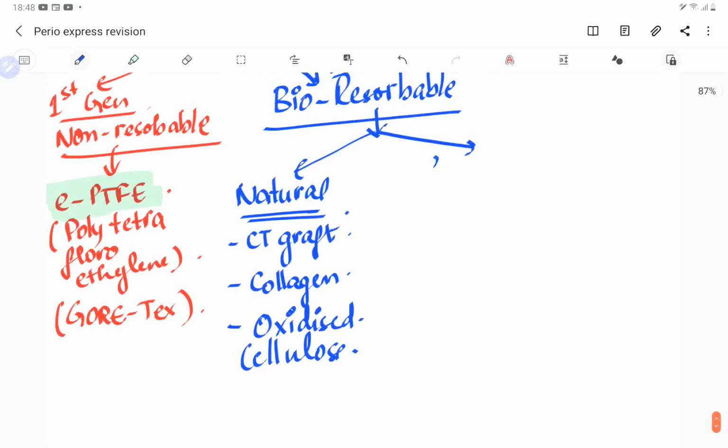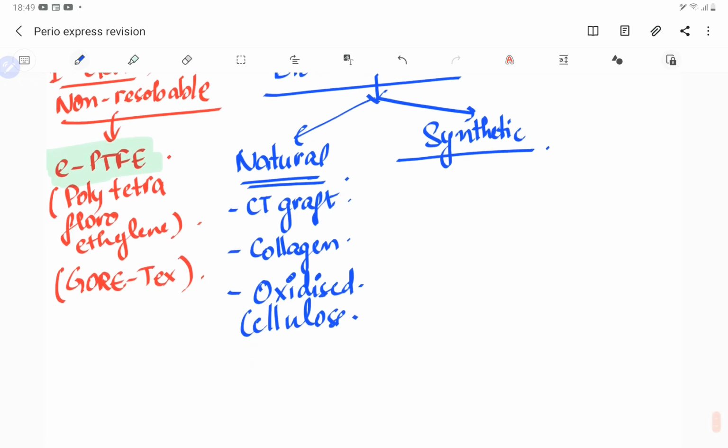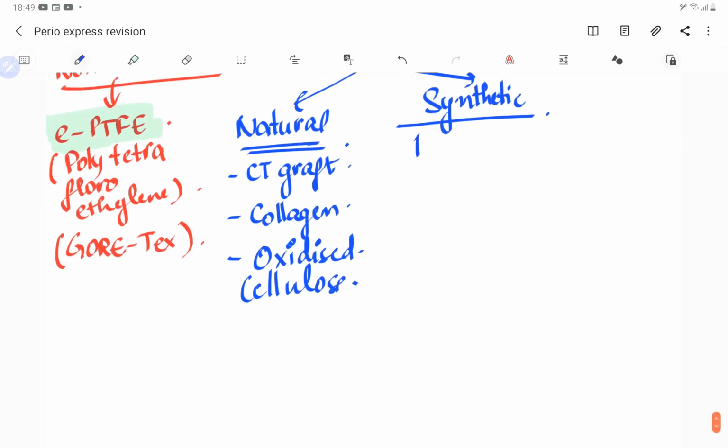So the another one are the synthetic grafts. Synthetic grafts are the grafts which are not taken from the body or any tissues, which are prepared in the labs. So this can be, guys, one is the polylactic acid, which is a synthetic polylactic acid graft. Another one is the polygalactic, so PGA I am going to write.